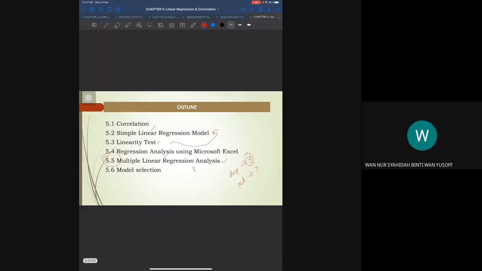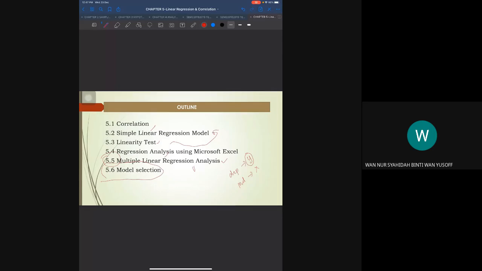And then the last subtopic here is model selection. Model selection means that you have a few models. They could be simple linear regression models, and also multiple linear regression models, so it will be a mix of both.